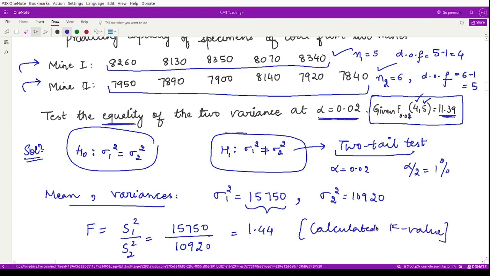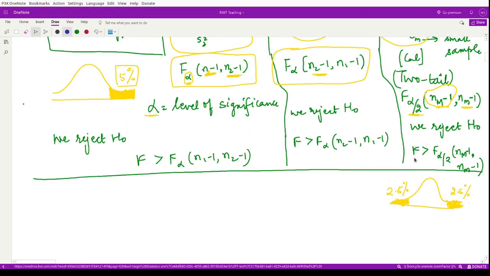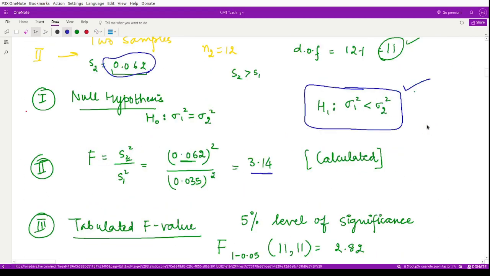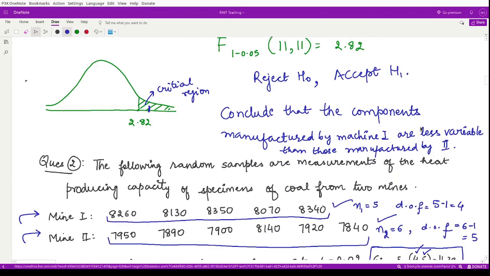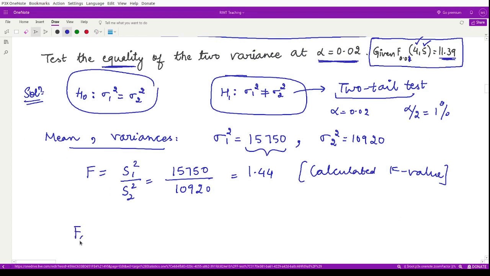Now if you move back and look at your test, we wanted to compare the two values. We will check whether your calculated value is greater than the tabulated value or not. If that is so, we reject our null hypothesis. In this case, the calculated value F calculated, which is 1.44, is less than 11.39, which is the tabulated value at 4,5 degrees of freedom.